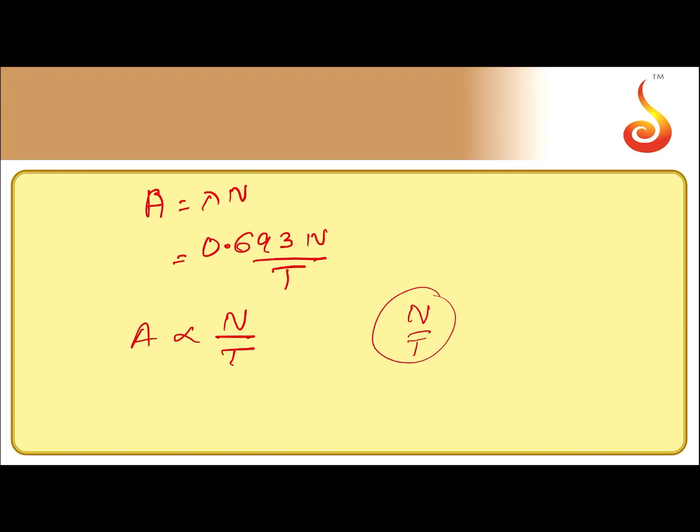So in the first case for A, it is 200 divided by 2. For B, it is 20 divided by 20. For C, it is 2 divided by 200. While for D, it is 100 divided by 10. So clearly, A has the highest activity.